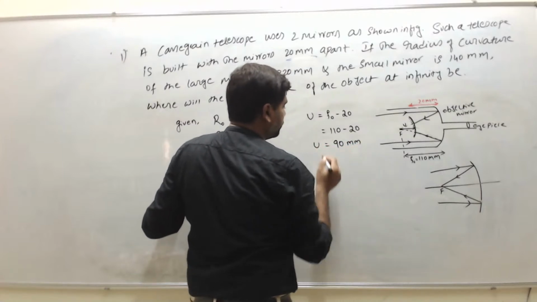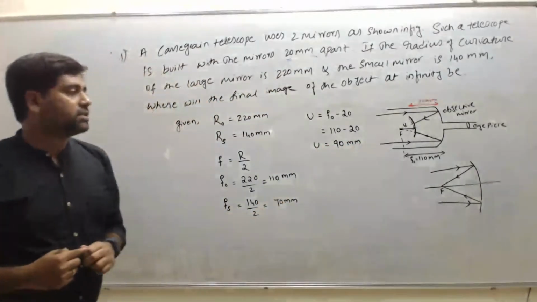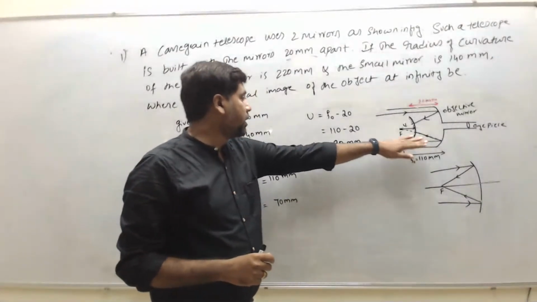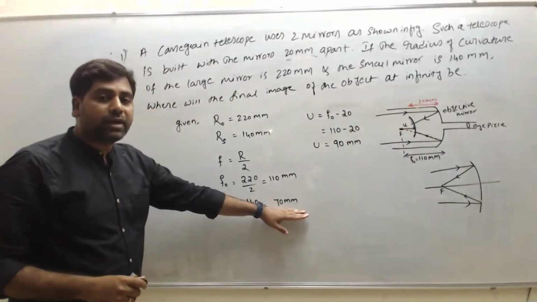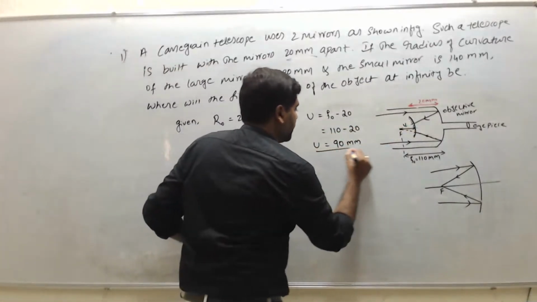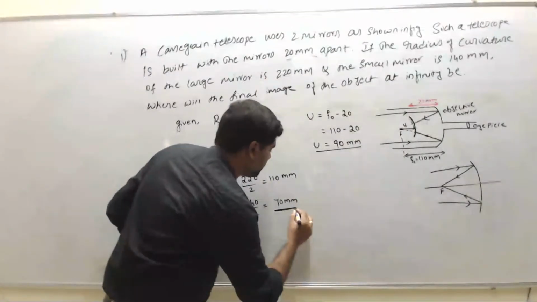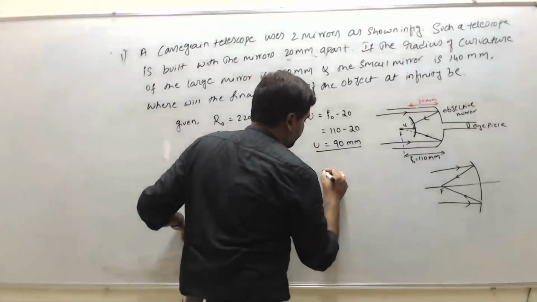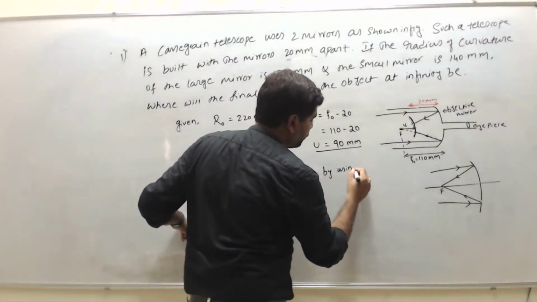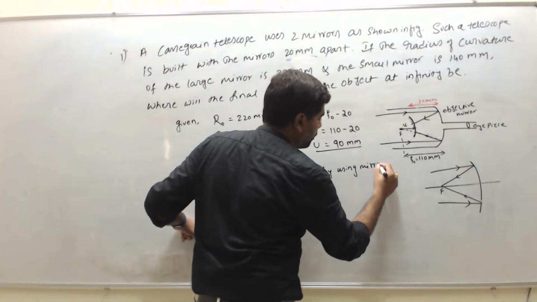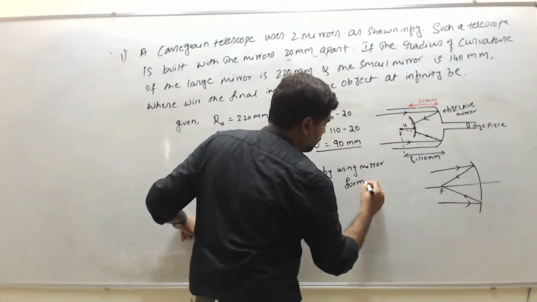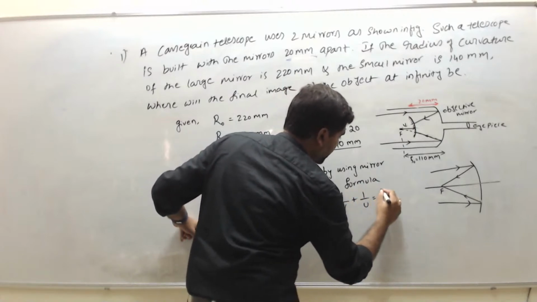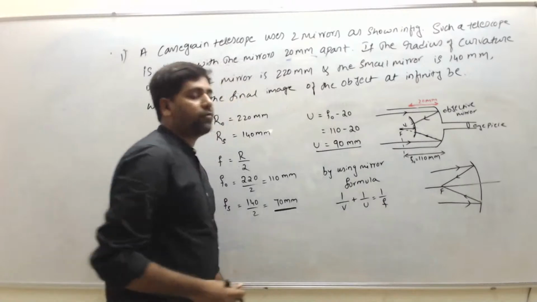So 90 millimeter is the object distance u for the secondary mirror, and for the secondary mirror we have the focal length 70 millimeter. So this one is the object distance and this one is the focal length. So by using the mirror formula, that is 1 by v plus 1 by u equals 1 by f.